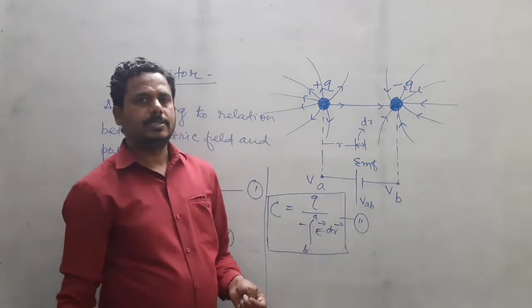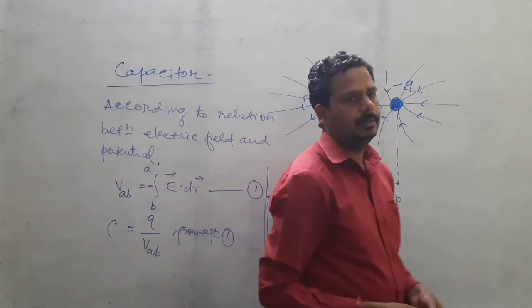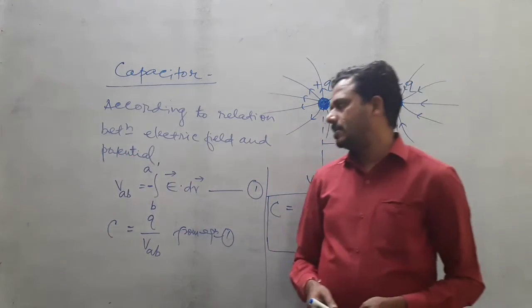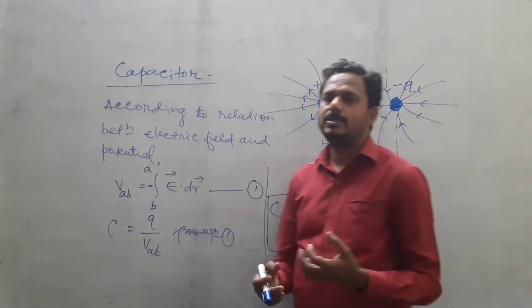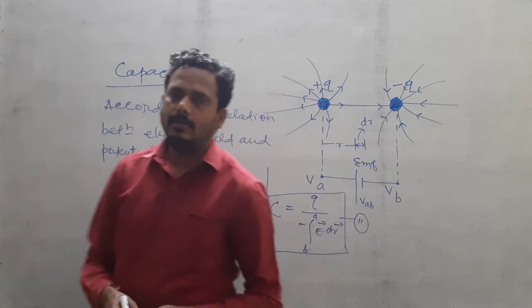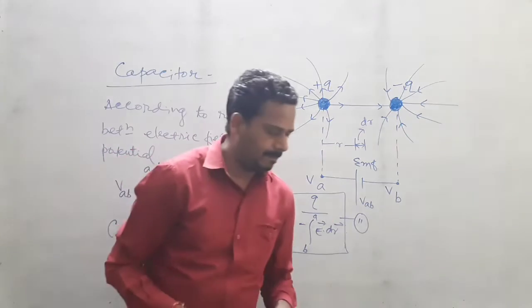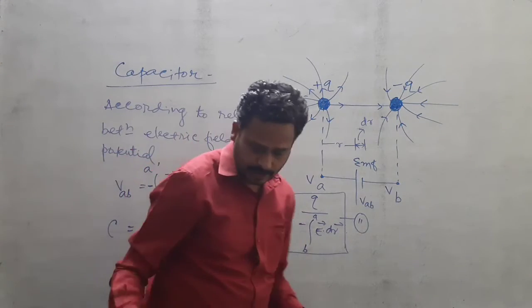The second point is how we can represent the capacitor. Basically, a capacitor is represented by two parallel lines like that.